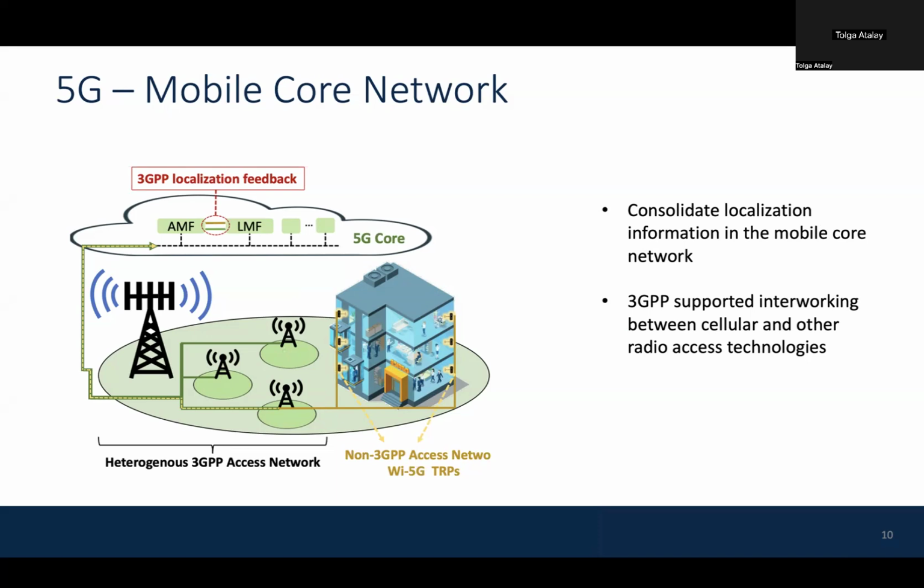But the important thing is that the localization information from both indoor and outdoor nodes is consolidated in the same logical point in the core network, right? This is a technology that is supported by 3GPP in the form of interworking between cellular and other radio technologies.